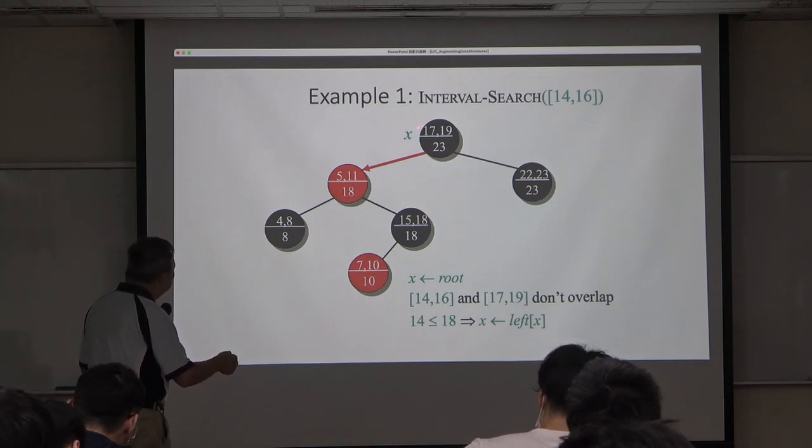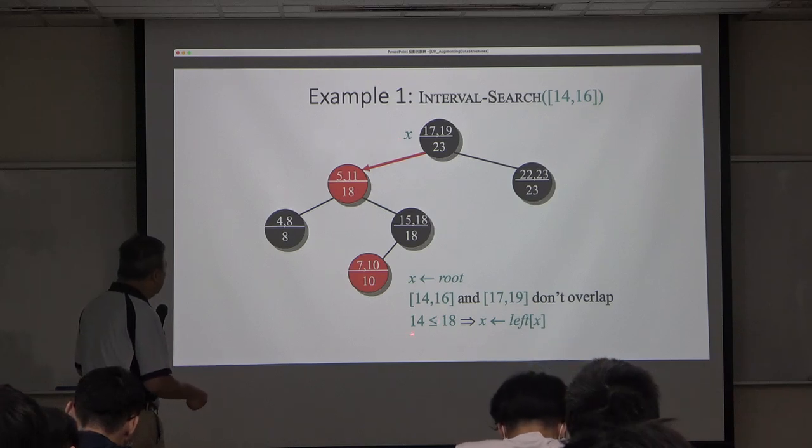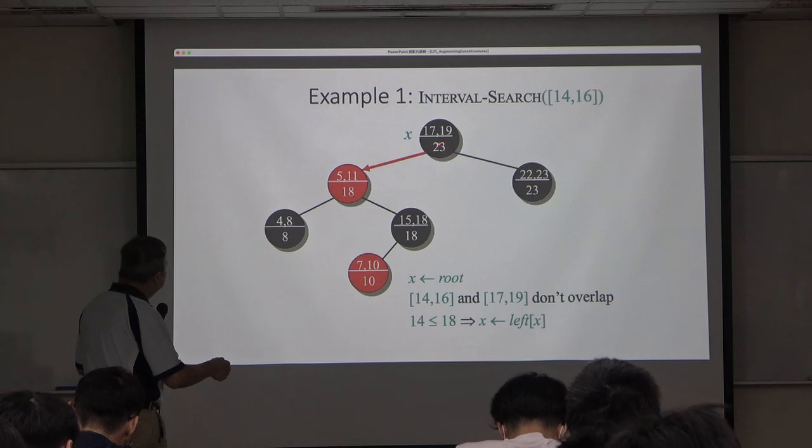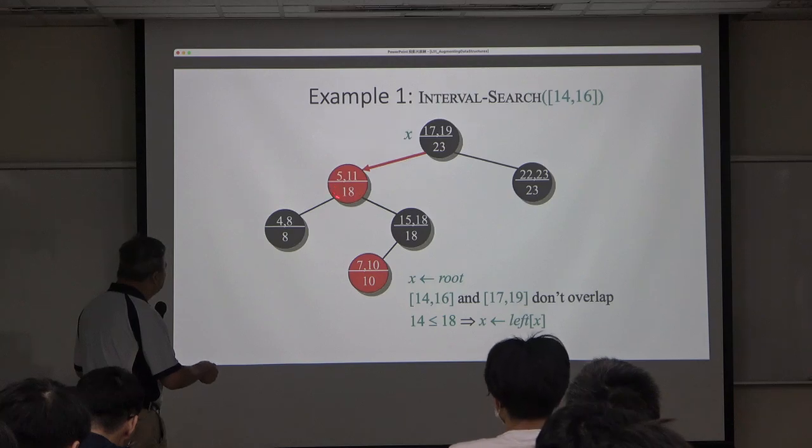It doesn't overlap with 17, 19. Then we check the left child's n value, which is 18.